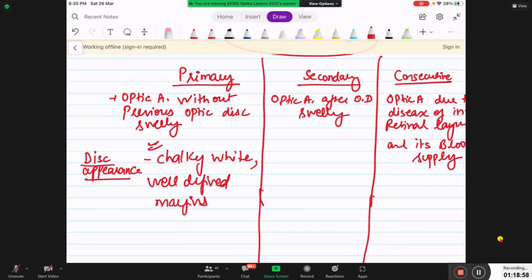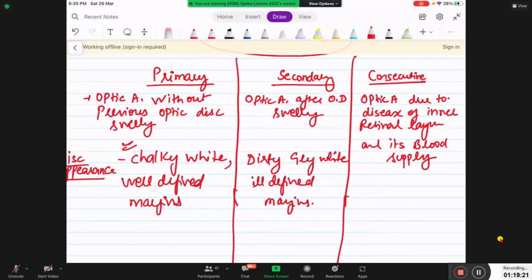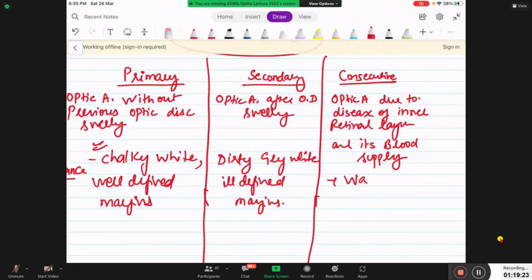Out of all the three, you just need to remember the appearance of primary optic atrophy. Chalky white. Secondary is not very important: dirty gray white with ill-defined margins. And consecutive is also again important, which we have discussed: waxy pallor optic disc.